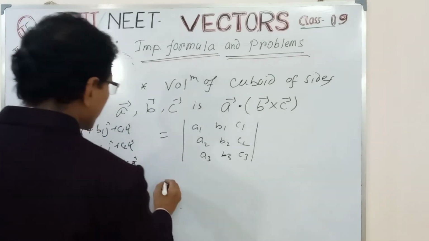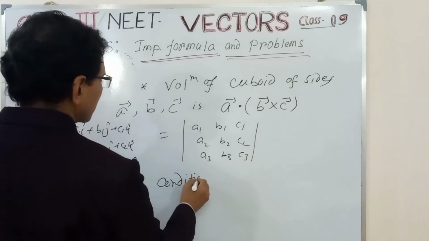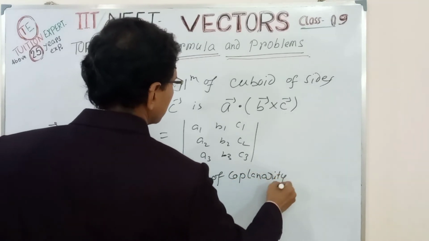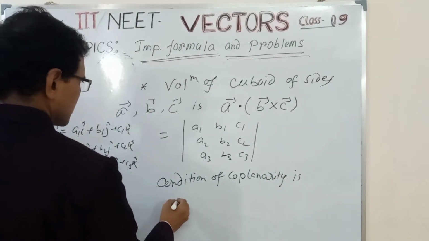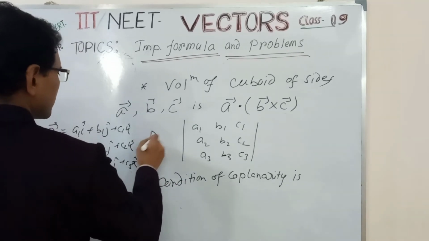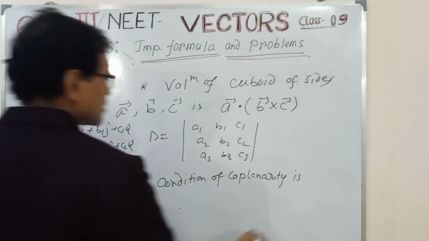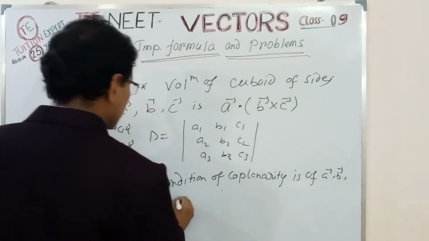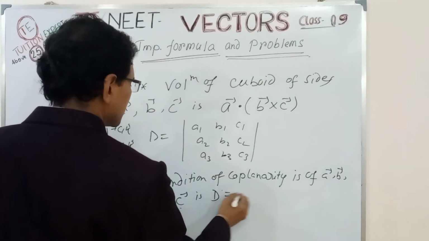The condition of coplanarity is this determinant. If this determinant is D, the condition of coplanarity of A, B, C is D equal to 0.